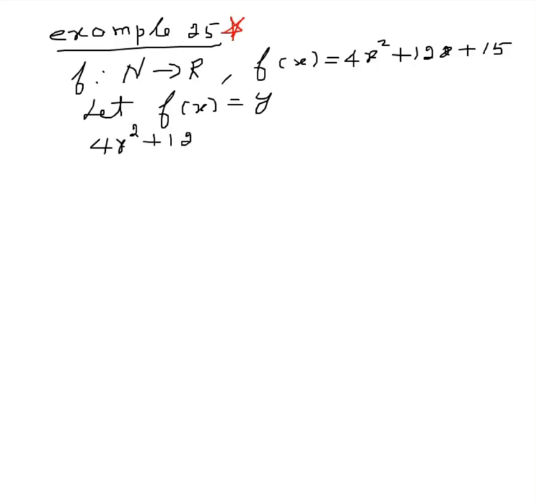4x square plus 12x plus 15 is y. We have to find x as a function of y. So I am going to use completion of squares method. Or you may solve quadratic equation also. That minus b plus or minus root of b square minus 4ac by 2a formula also can be used. But completion of square method is easier.